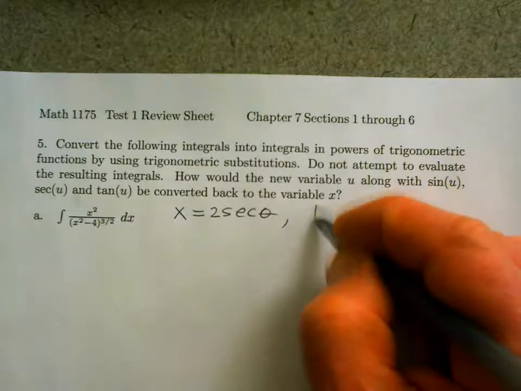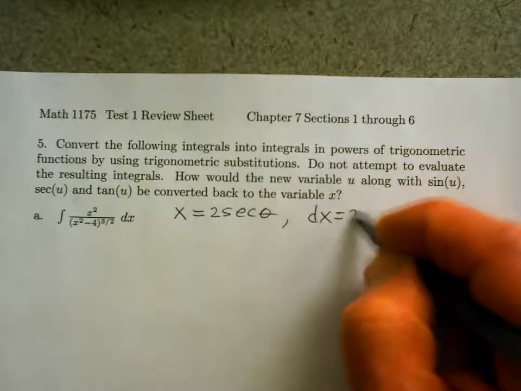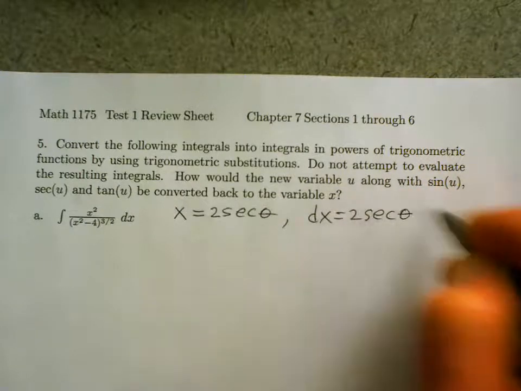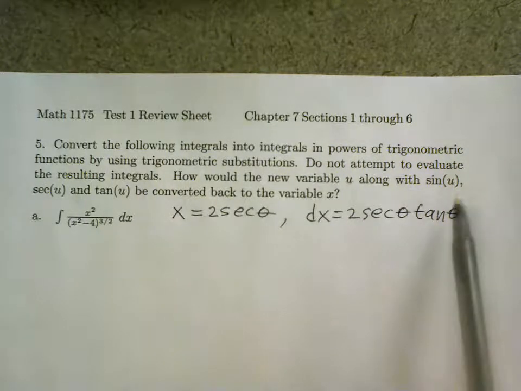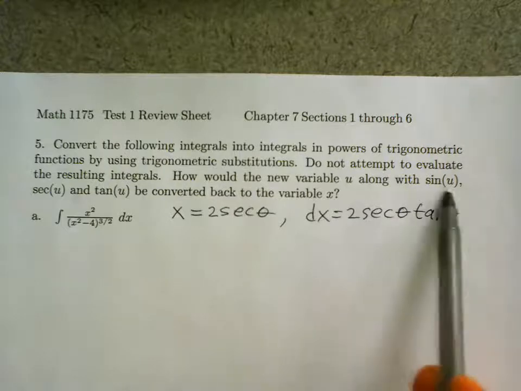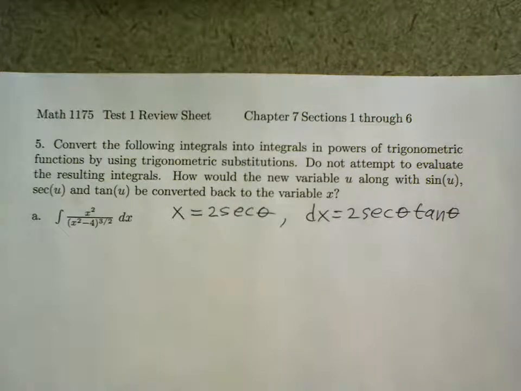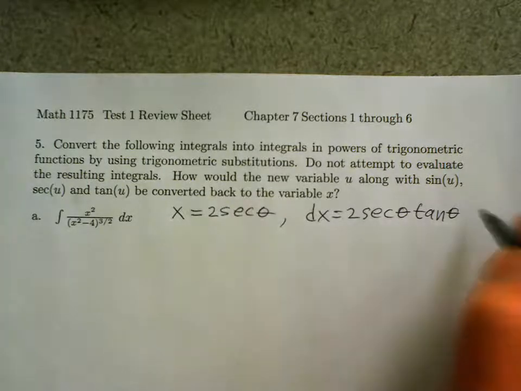And so dx will be 2 times secant of theta tangent of theta. I'm not using u, but up here they refer to those as functions of u, but that's okay.